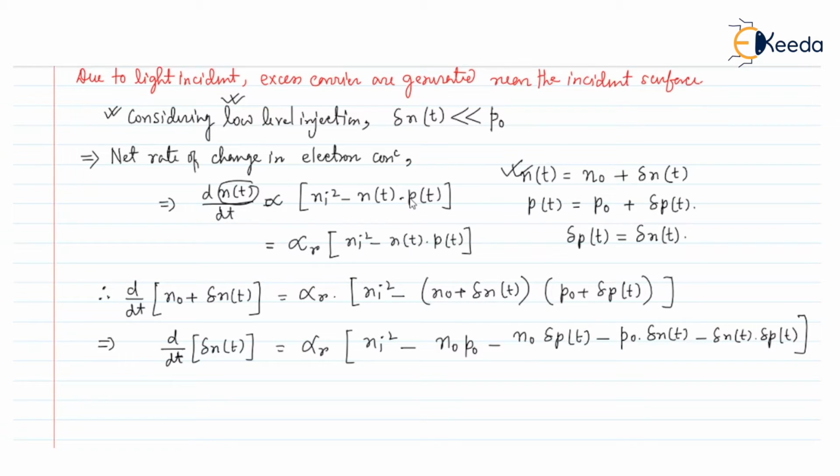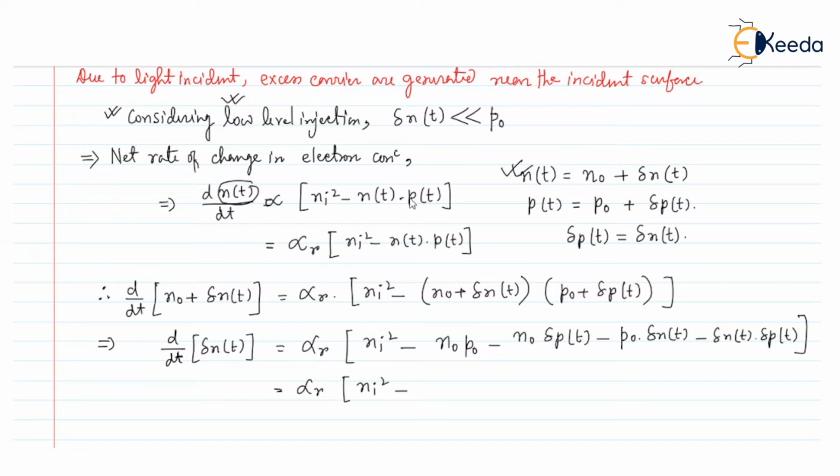Now from this equation we can say that alpha will be the same and ni² comes here. So δp(t) and δn(t) are very much less than p0.